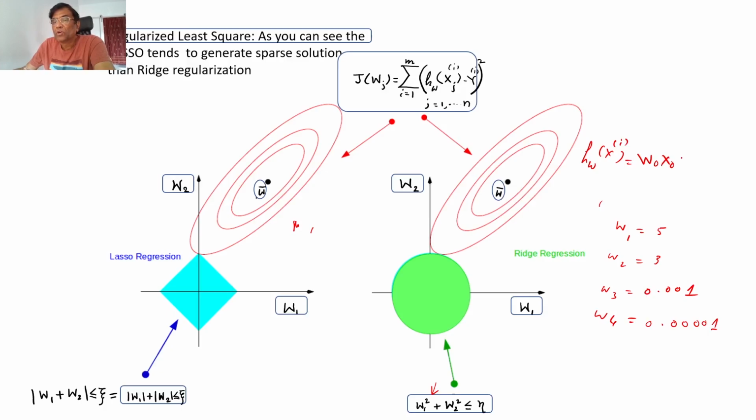W0 x0 plus W1 x plus W2 x square plus W3 x cube plus W4 x4, like that.